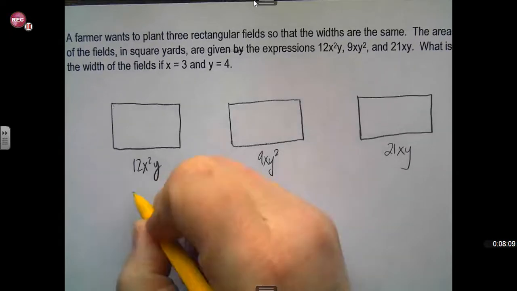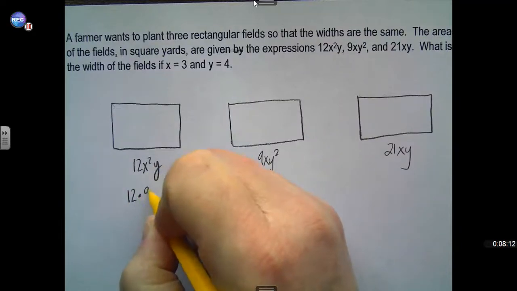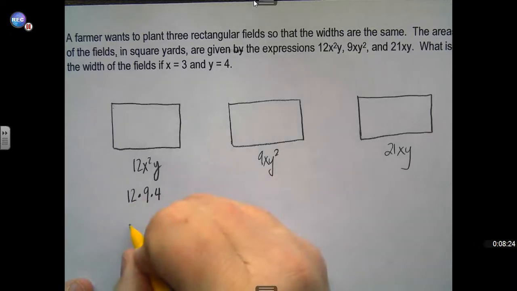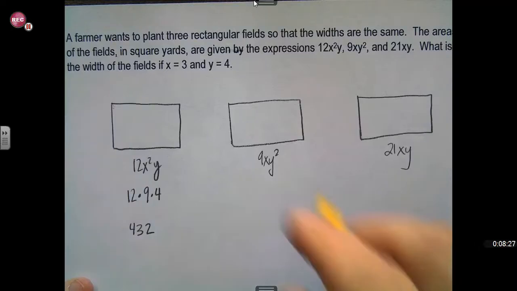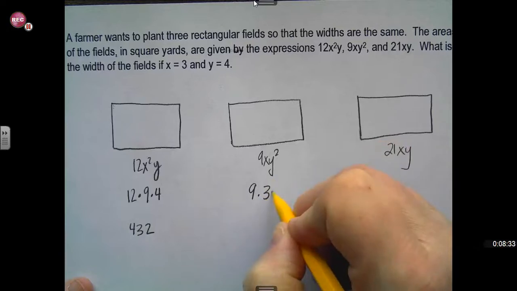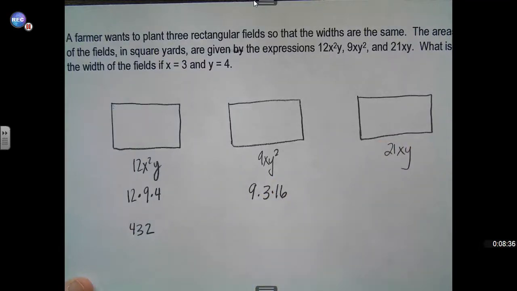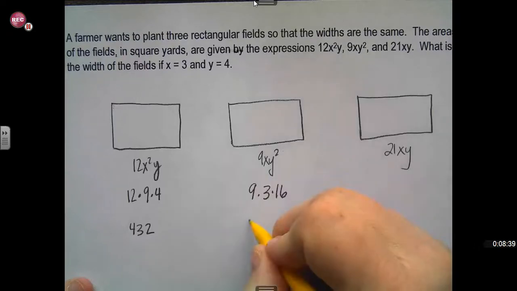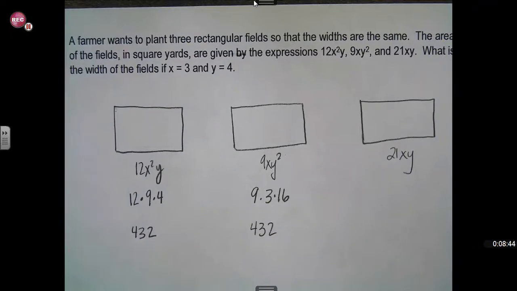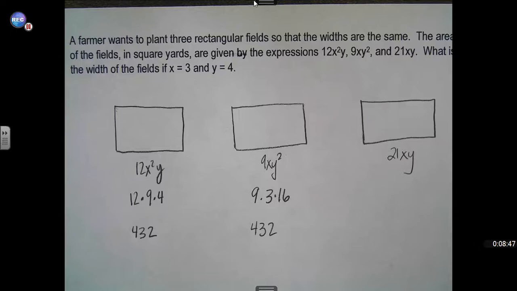So I'm going to have 12 times 9 times 4. There's a little help from my calculator friend here. This would be 9 times 3 times 16, which is also 48 times 9.